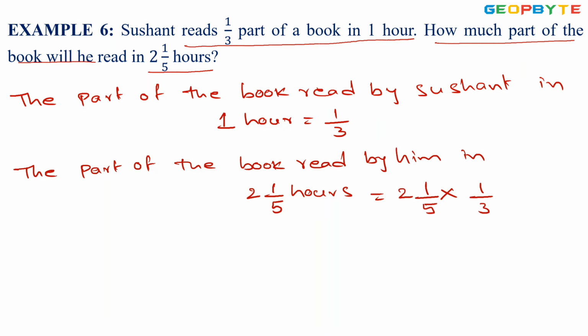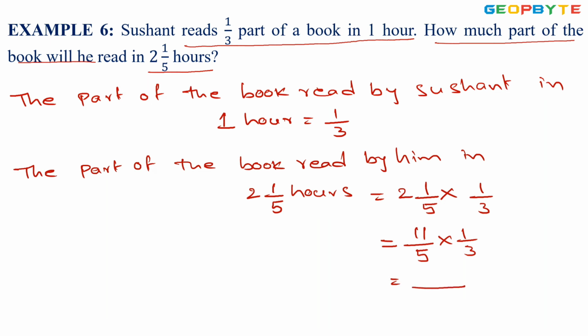So 1 by 5 into 1 by 3. Now we can perform the multiplication of these two fractions. How will we perform it?